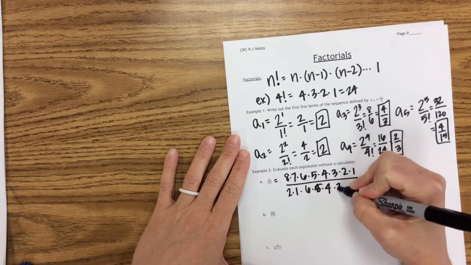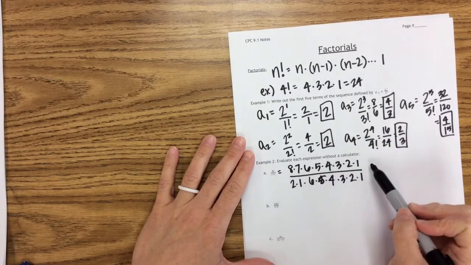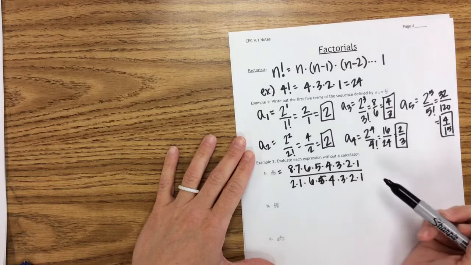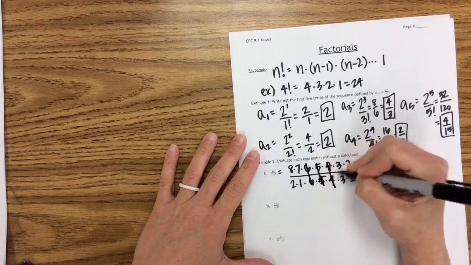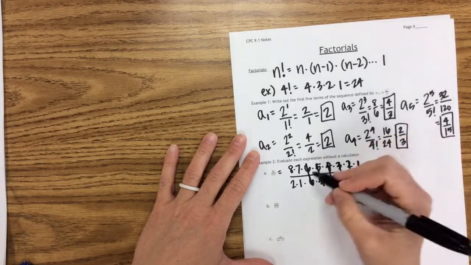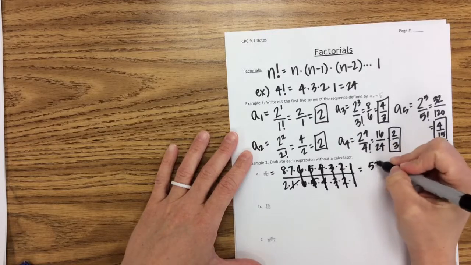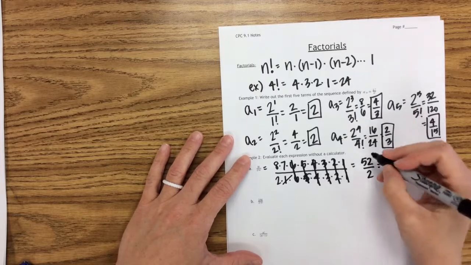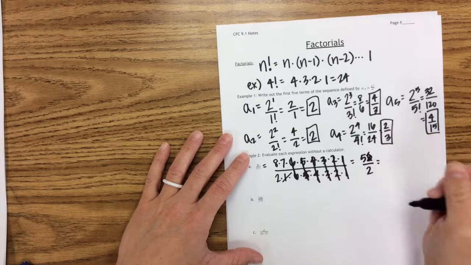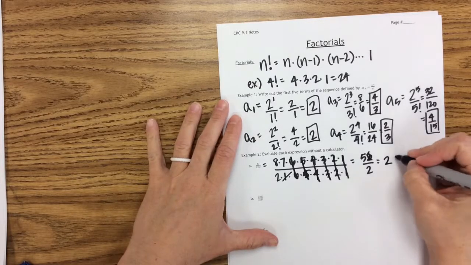It's supposed to be a 5. So what we can do there is, instead of actually multiplying those out and getting a large number, we can start reducing. Like there's a 6 on top and a 6 on the bottom. 5s, 4s, 3s, 2s, 1s. You never need a 1. So it actually ends up just being 56 on top and 2 on the bottom. So 56 divided by 2 is 28.